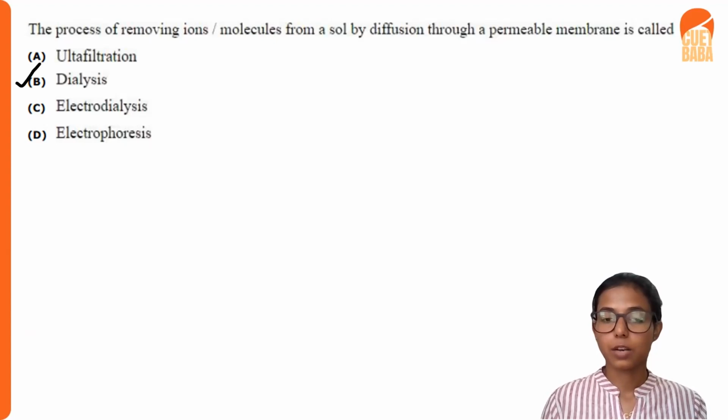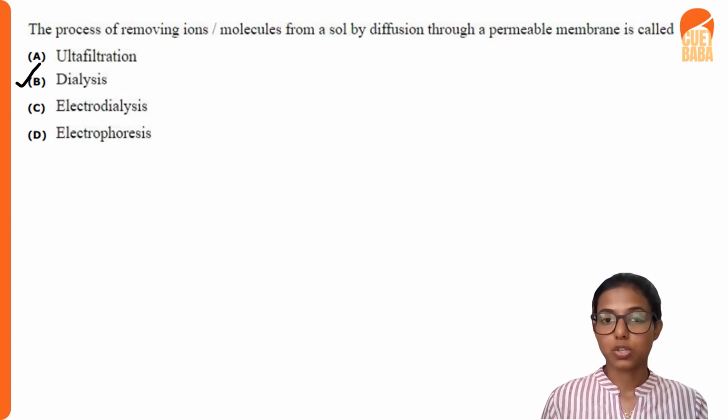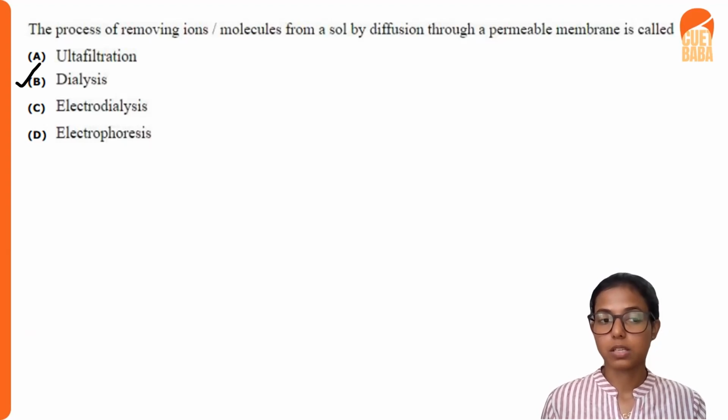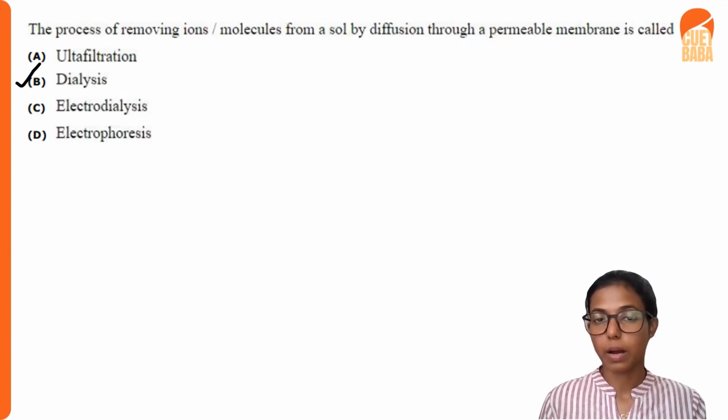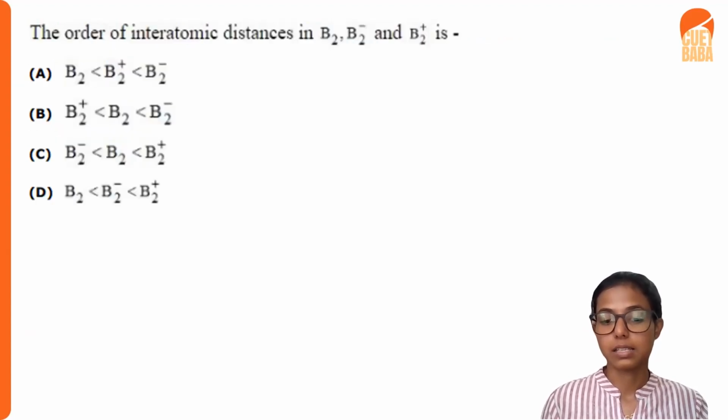When electricity is involved, we can say that it will be electrodialysis, but here it is not mentioned that electricity is involved in this process. So our answer will be dialysis. When ions or molecules are removed from salt by simple diffusion through a permeable membrane, that process is called dialysis.